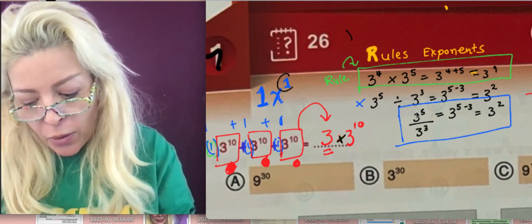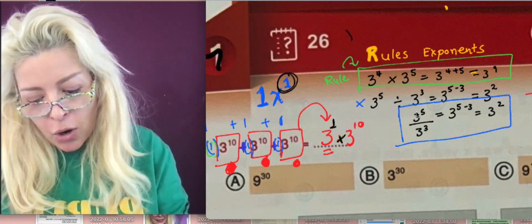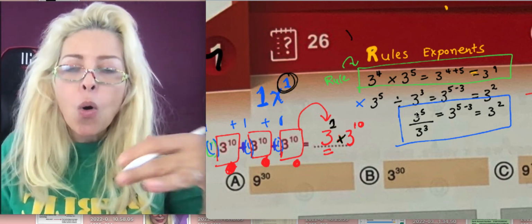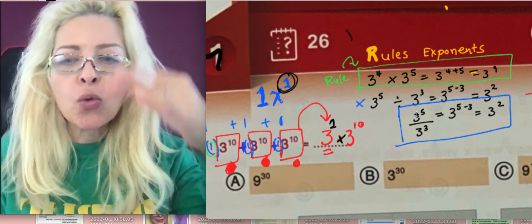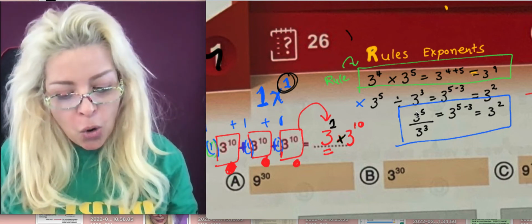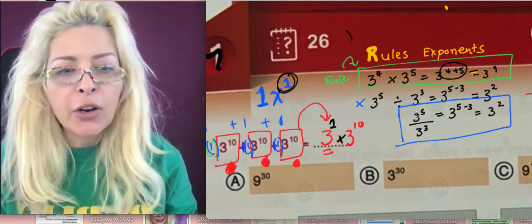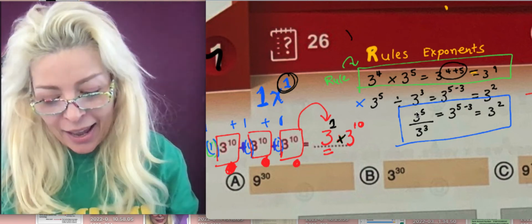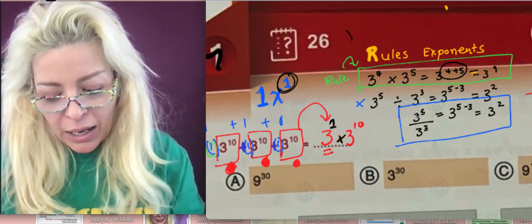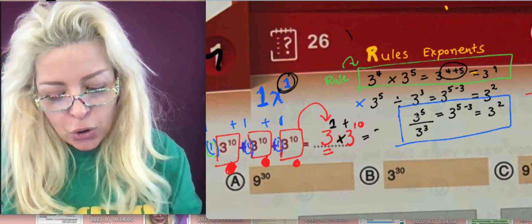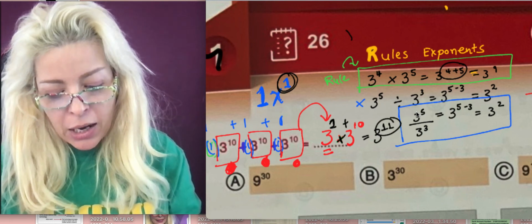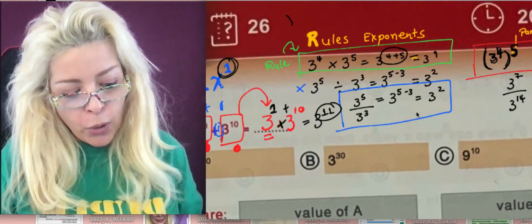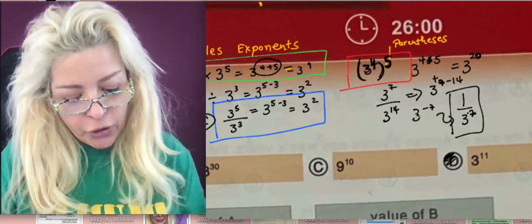Remember the x with a 1 here? There's a 1 here also. Now what are we doing to the exponents here? We are adding. Yes. So 1 plus 10 is 3 to the power of 11. And we did it. And this is the answer.